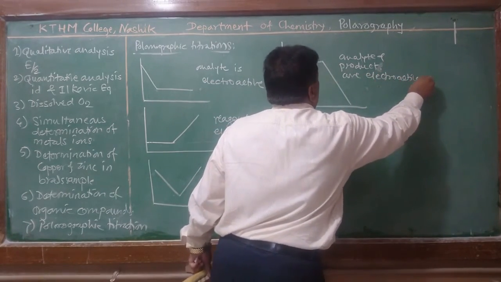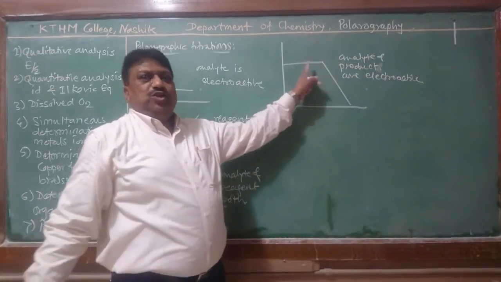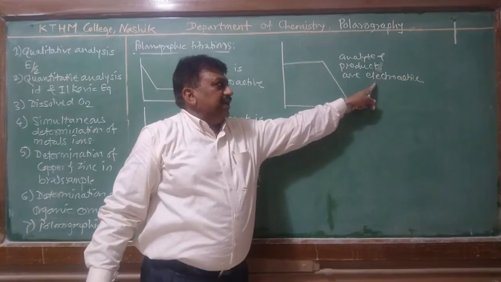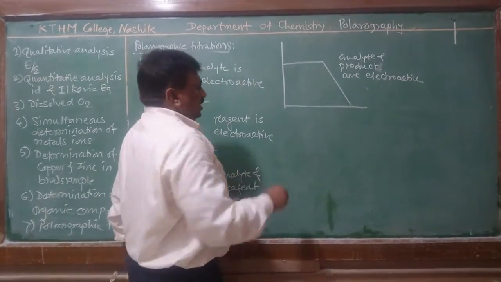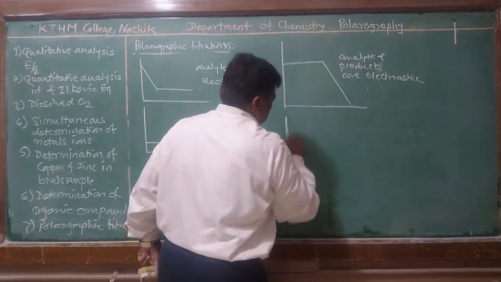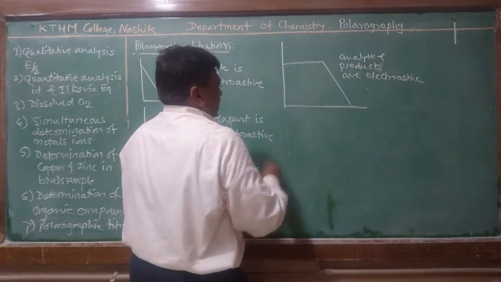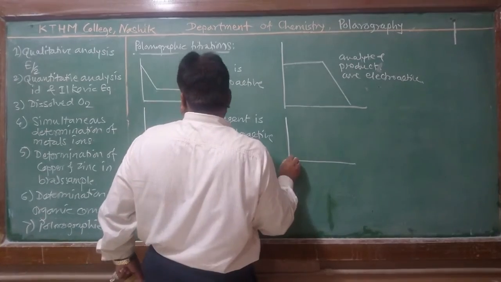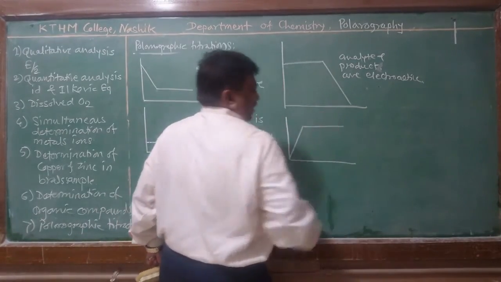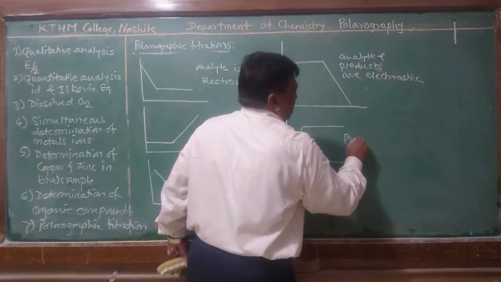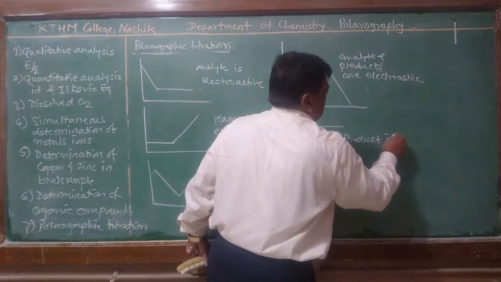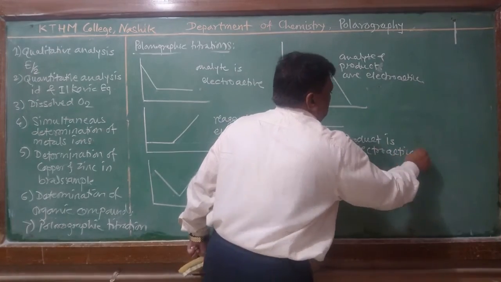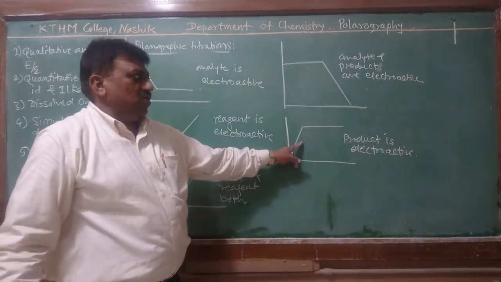That means if the analyte is converted into product, that gives the diffusion current. Therefore, the analyte and product are both electroactive, but the reagent is not. And suppose the next type of titration is like this. In this case, the product is electroactive while the analyte as well as the reagent are not.